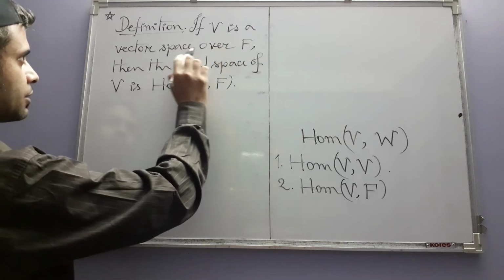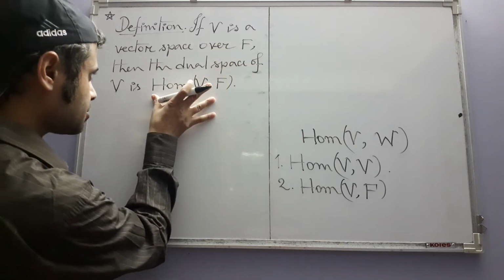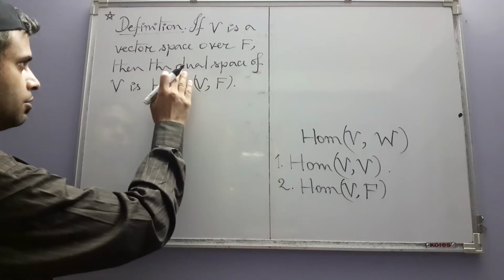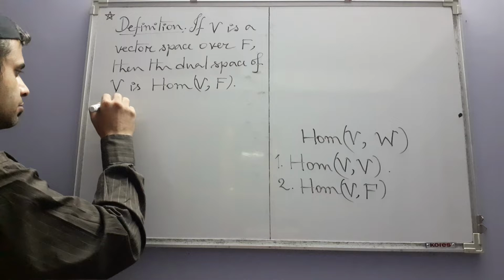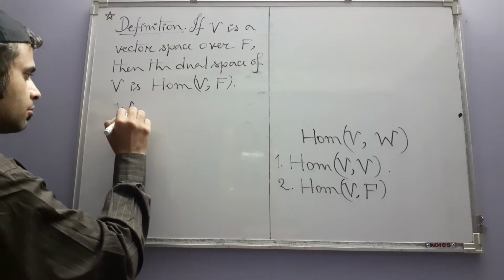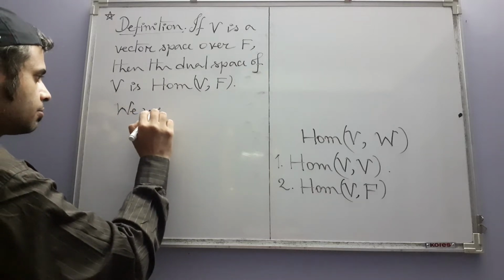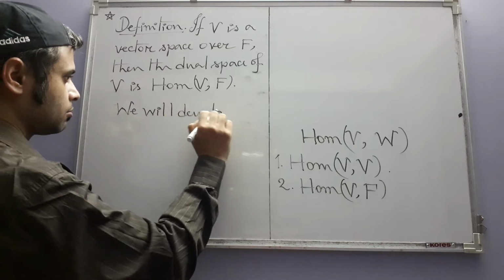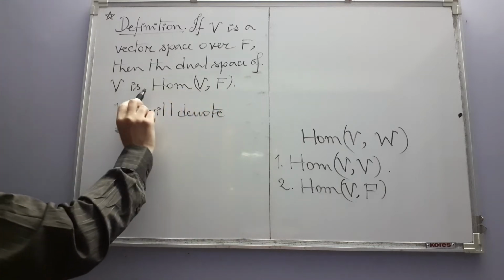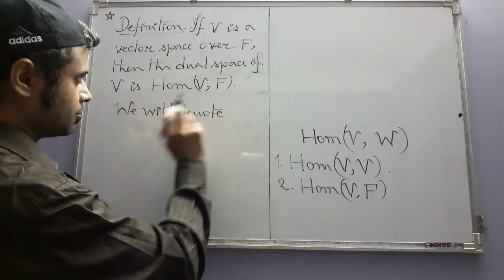If V is a vector space over F, then this space is called the dual space of V. But of course we won't keep on writing a cumbersome notation like this.